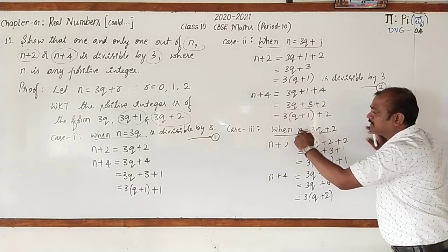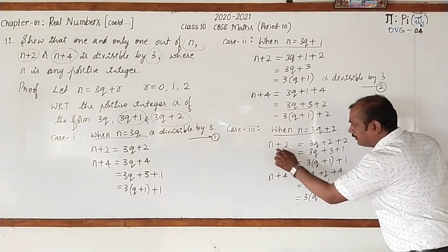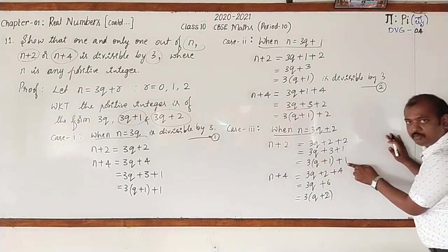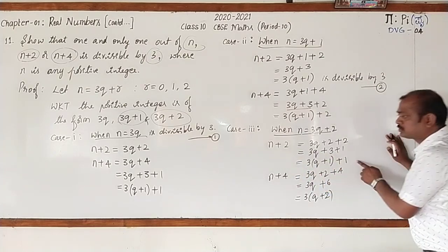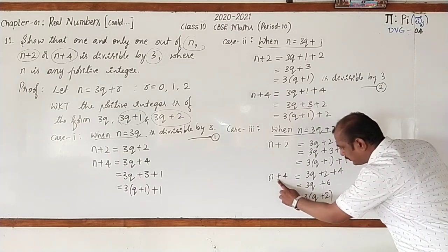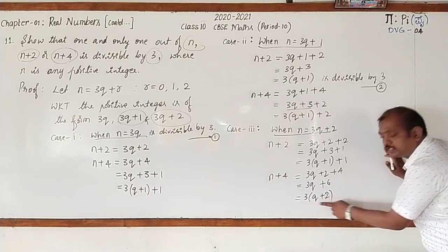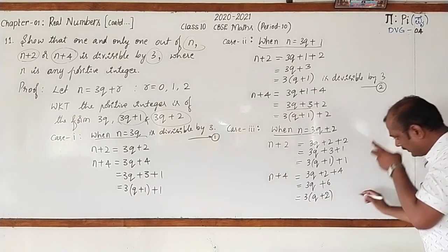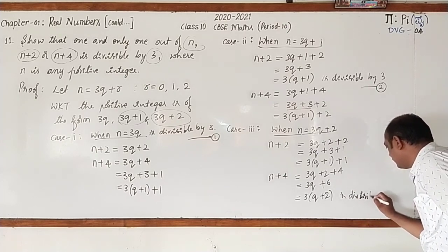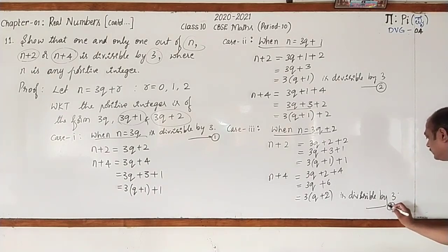Hence, we can say that n is not divisible by 3. Next, when n plus 2 is divided by 3, it leaves the remainder 1. Hence, n plus 2 is also not divisible by 3. Observe this one, n plus 4 is the multiple of 3, hence it is divisible by 3. I call this as statement 3.